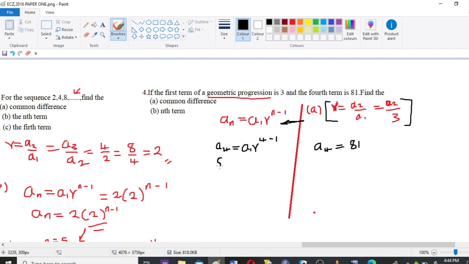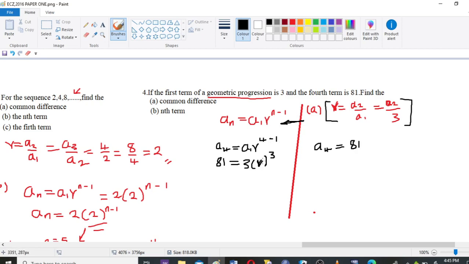So on this side, we are going to have 81 is equal to our a1, remember that is our first term, which is 3. Then you open your bracket, your r, your common difference, is what you are looking for, and on top here you are going to get the power 3.